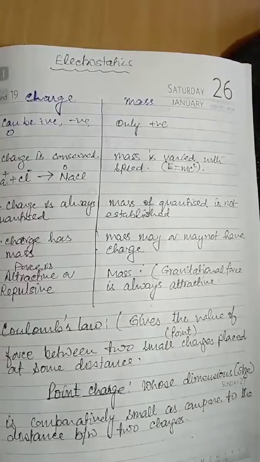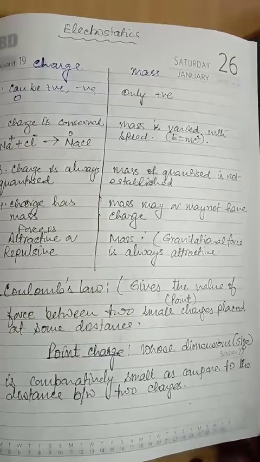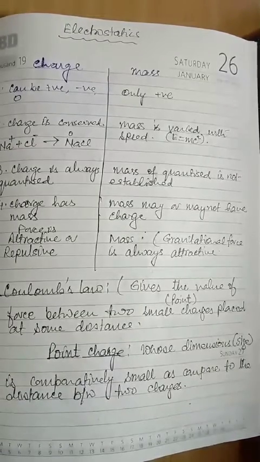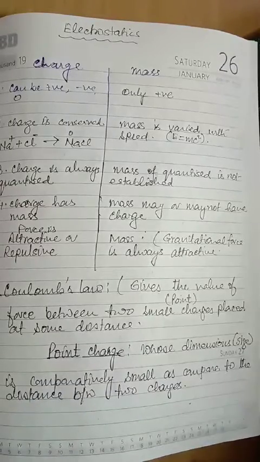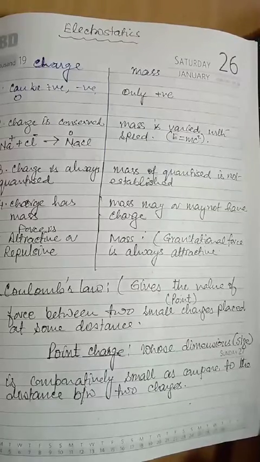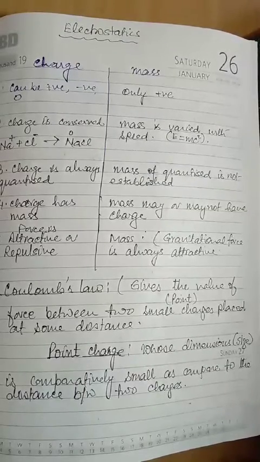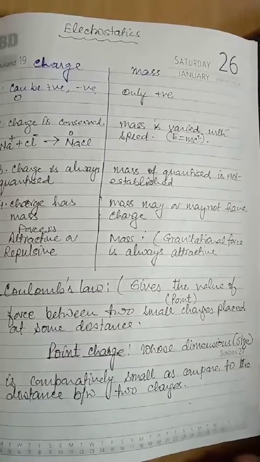Now the main topic of today's class is called Coulomb's law. Coulomb's law basically gives the value of the force. Force may be attractive or repulsive. It depends on the polarity of the charge, whether it is positive or negative.